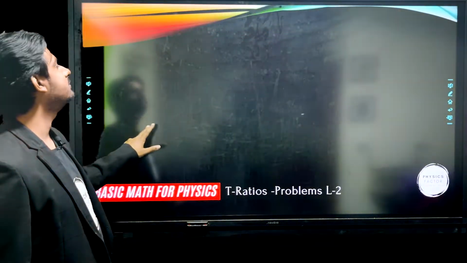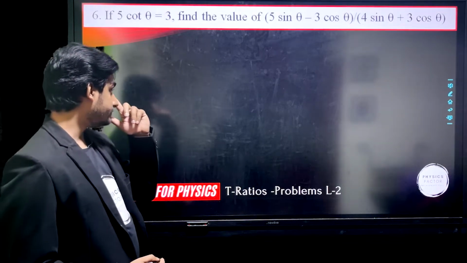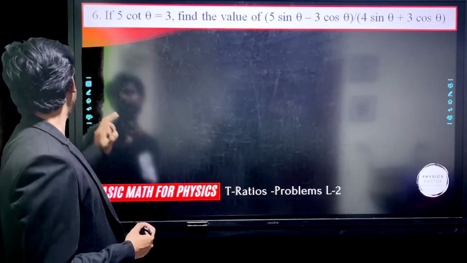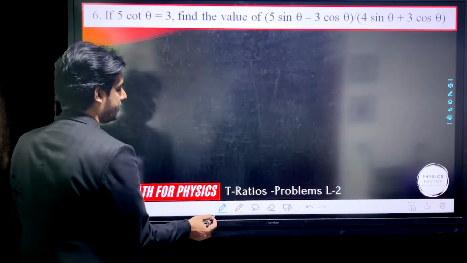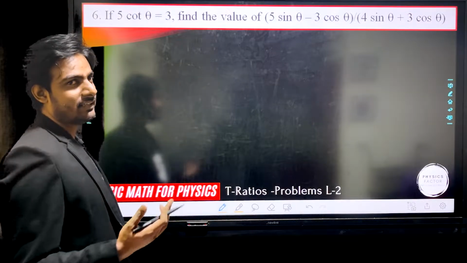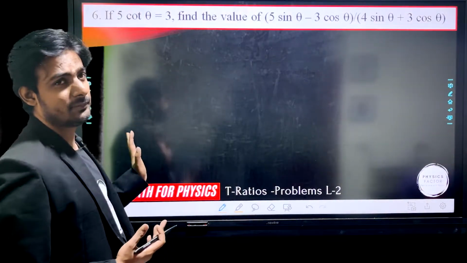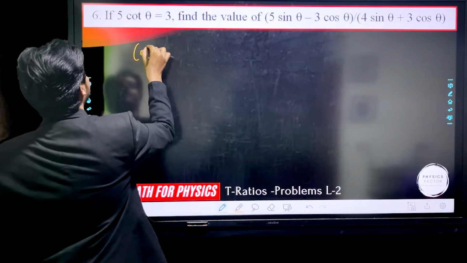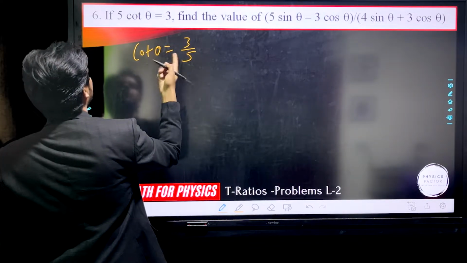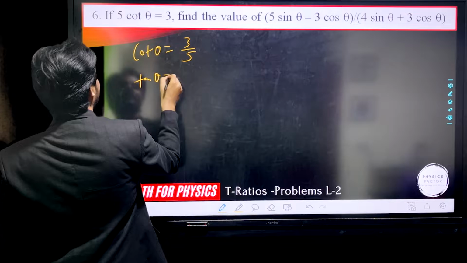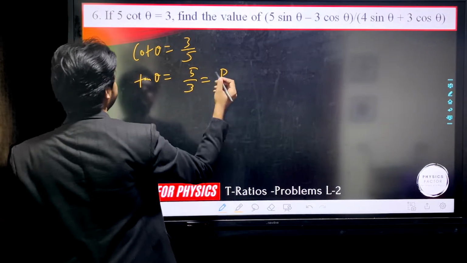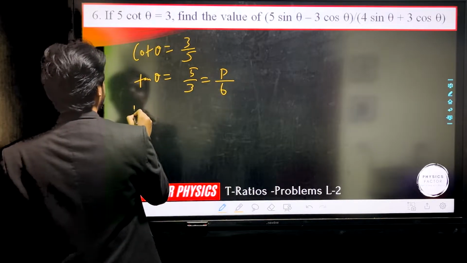Question number 6. Similar question. Let me quickly do it. I'll do it a little fast, I think the steps are pretty similar. So cot theta is given to you as 3 by 5. So we'll prefer to write tan theta as 5 by 3 and write P upon B. So we'll calculate the hypotenuse.